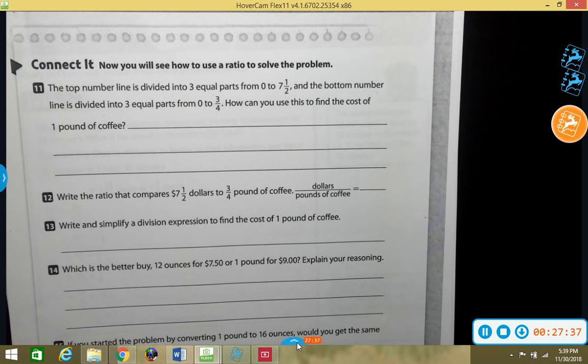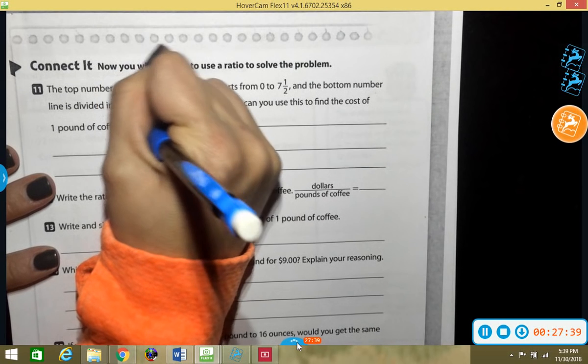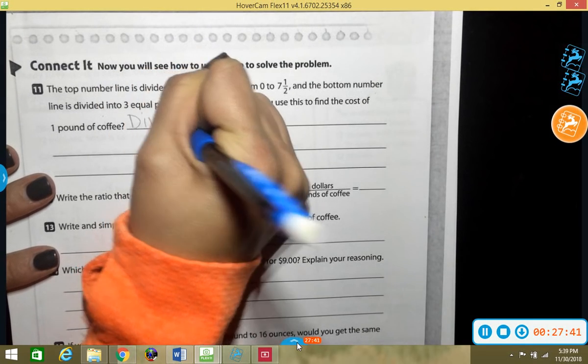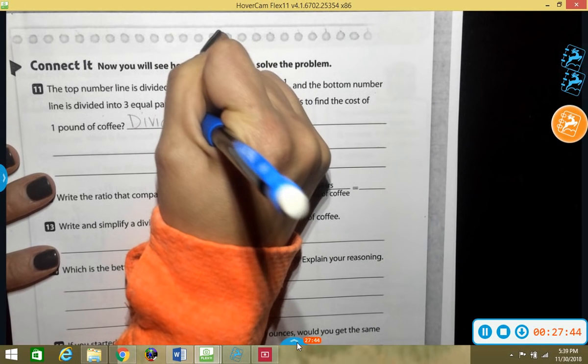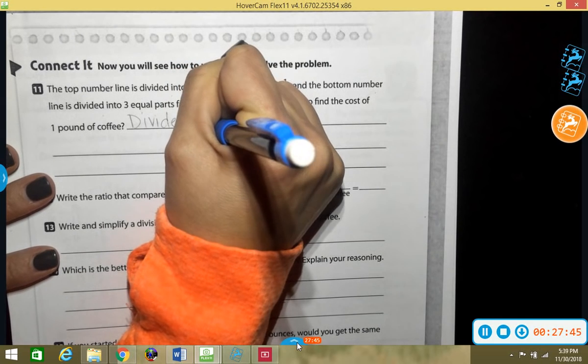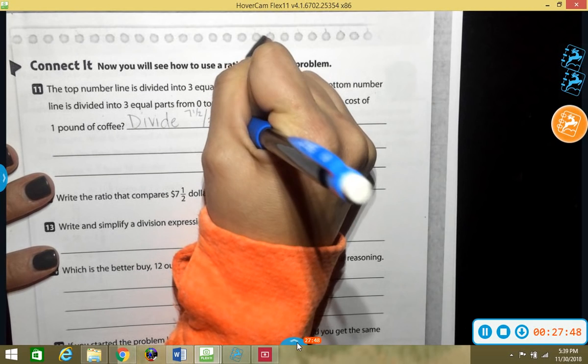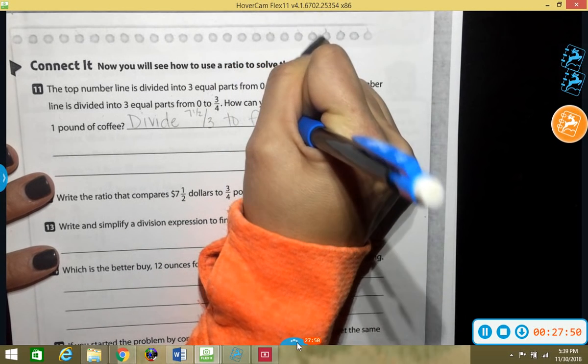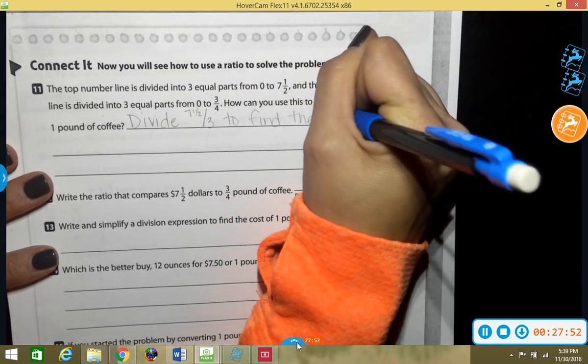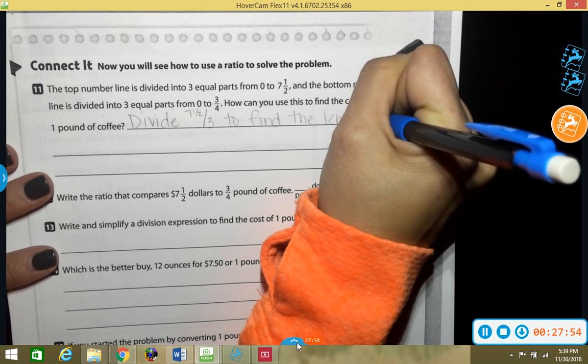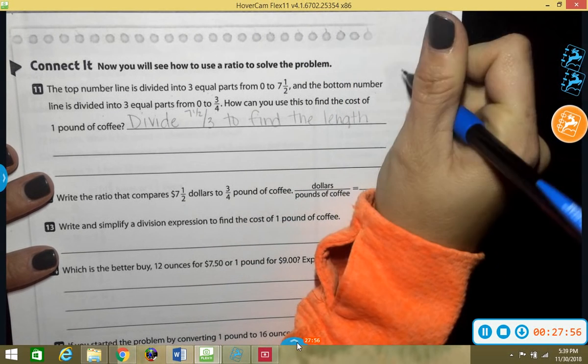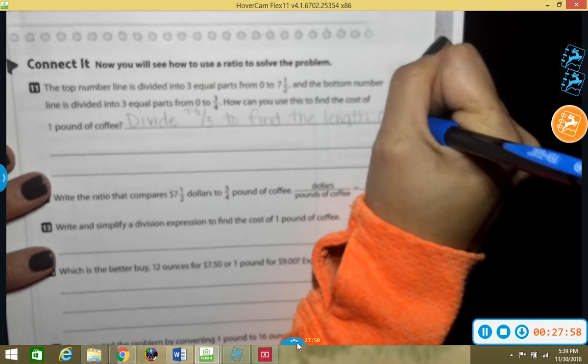So first of all, you had to divide 7.5 by 3 to find the length of each part.